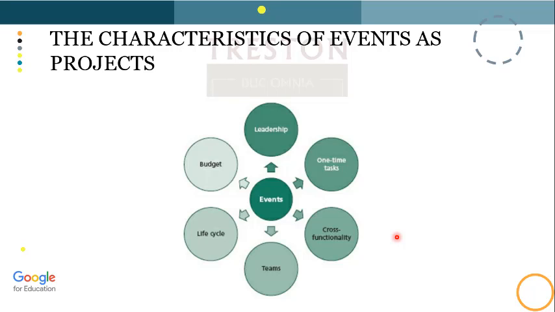You have cross functionality, wherein some of the leadership might also be the stage manager, some of them might also be the accountant. So you will also have sub teams among your main team. It also has a life cycle, a beginning and an end. And of course, most importantly, there's a budget.